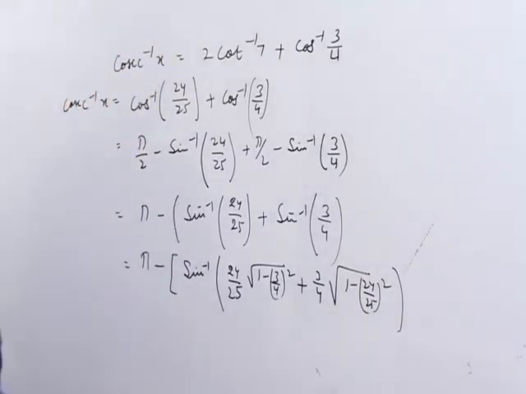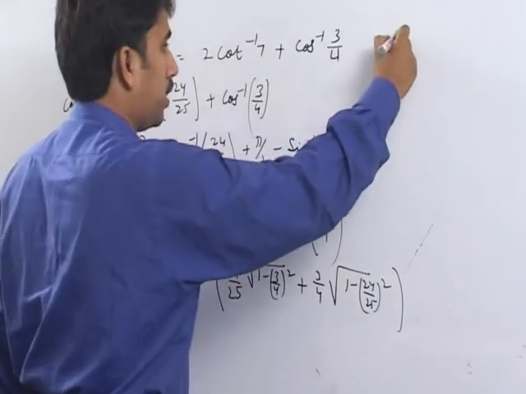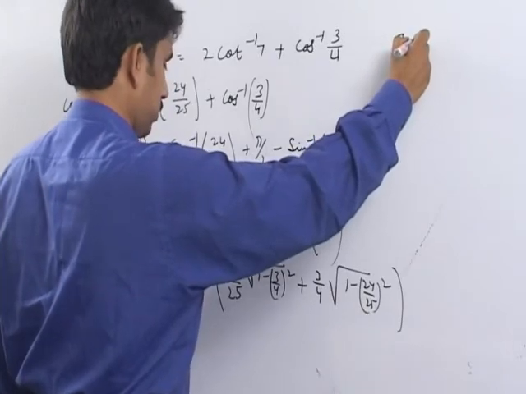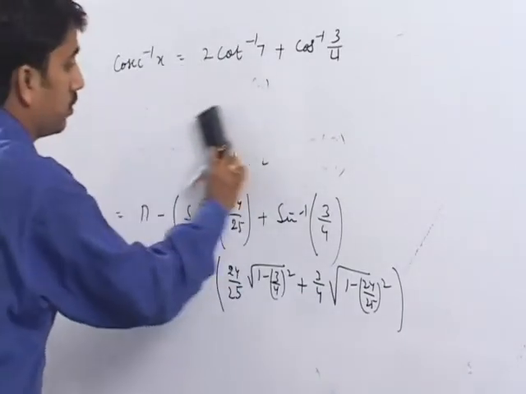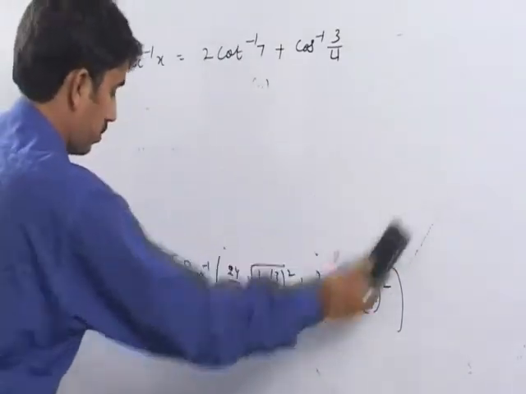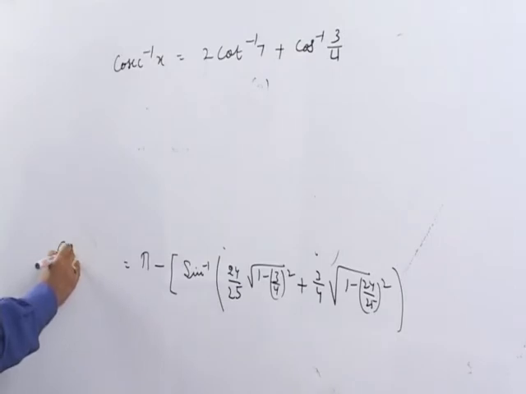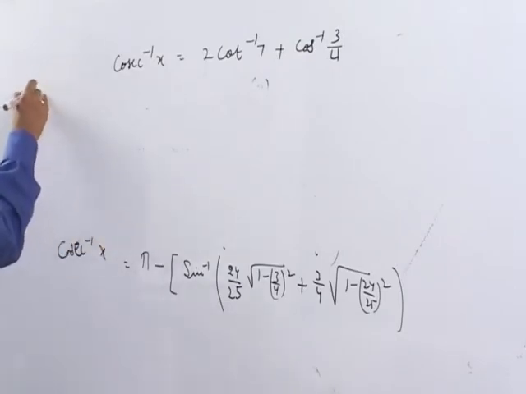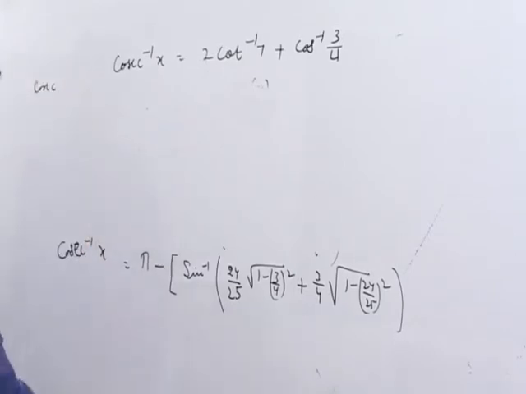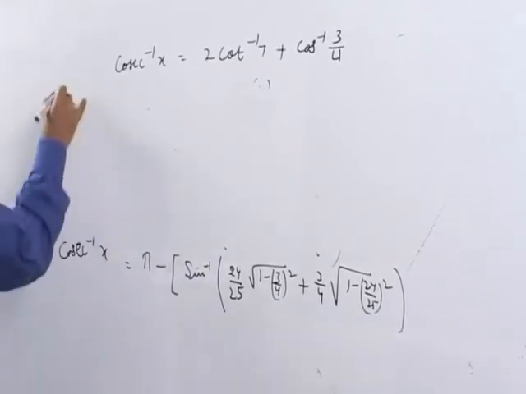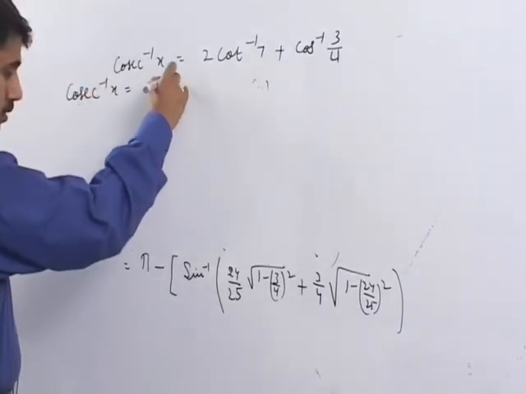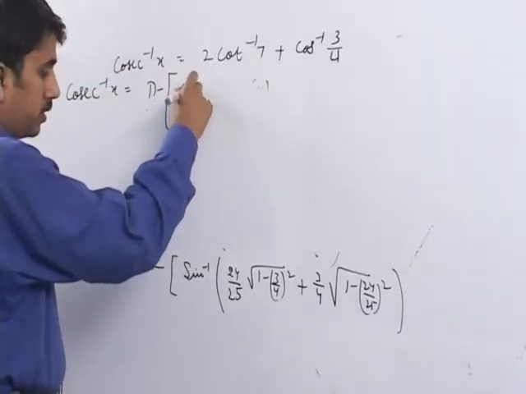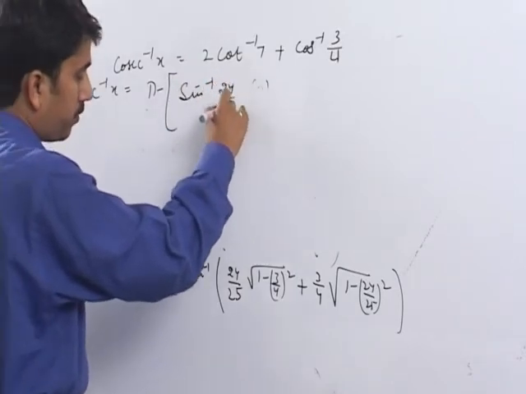Now this is equal to pi minus cosecant inverse x, and this is equal to pi minus sine inverse 24/25.